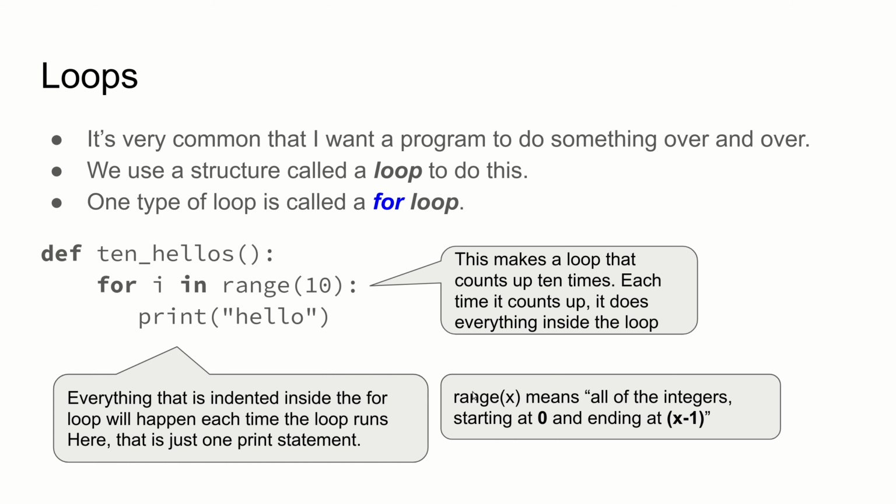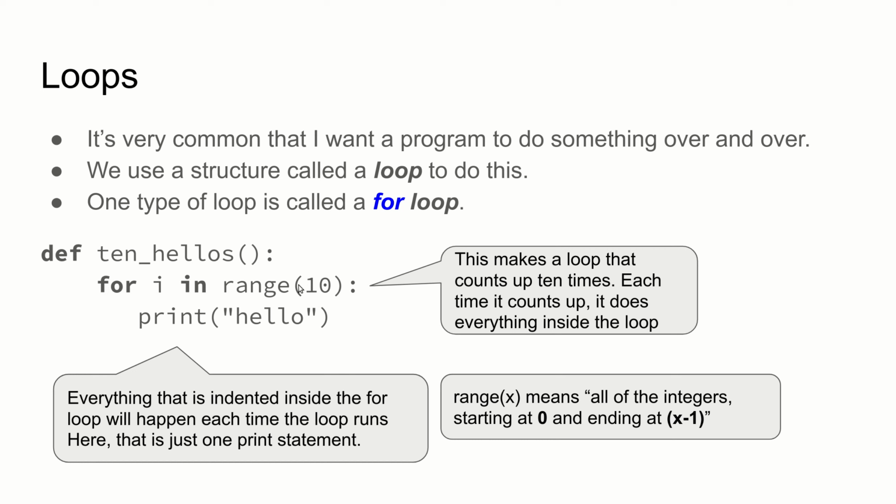The range statement there means all of the integers starting at 0 and ending at x minus 1, ending 1 less than what we have. So here, for instance, this range will include 0 through 9. It does not include the 10 that's provided there.